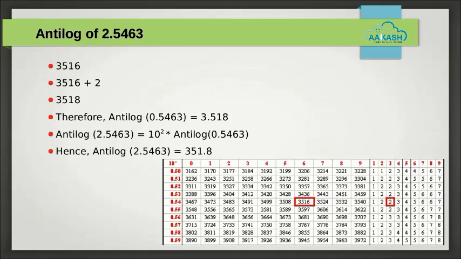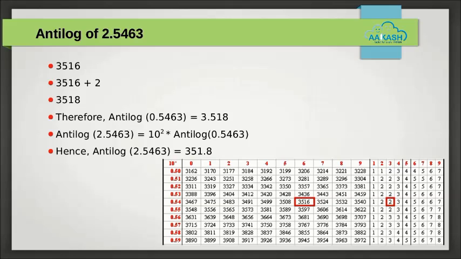Make a note of this value obtained at the intersection of row number 0.54 and column number 6. Secondly, in the same row of number 0.54, we will move to the columns of mean differences and look for the column headed by 3, as 3 is the next digit after 6 in the given number. Here we obtain 2.